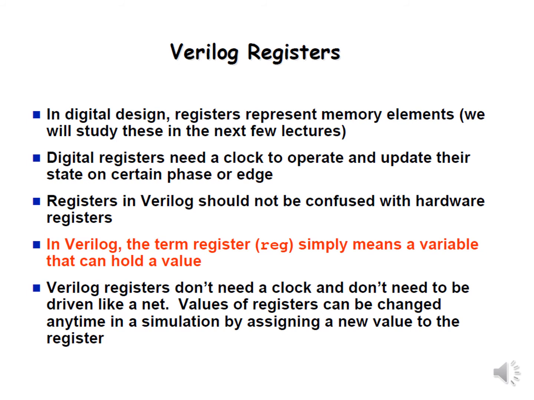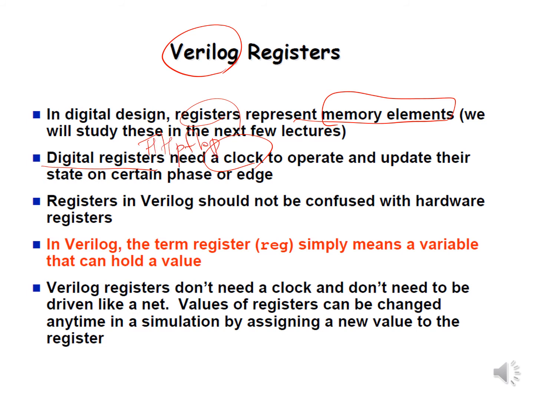So we need to understand the register definition in Verilog. It is a little different from what we know from this course. In a typical digital system, registers represent memory elements, right? So a digital register requires a clock. This is like a flip-flop, right?